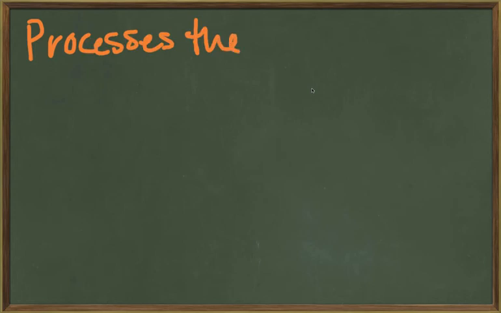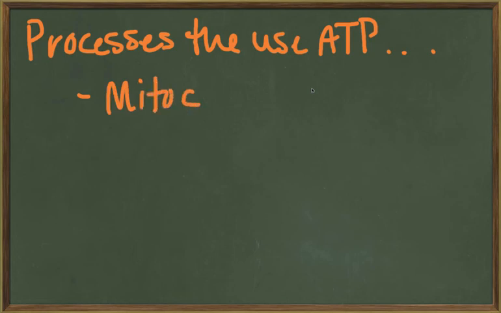For this very last part, I want you to think about the processes that use ATP that we have already talked about. Hopefully you're going back to Unit 2 where we talked about cells and how cells move and how they do different things. One place that we talked about ATP is in the mitochondria.